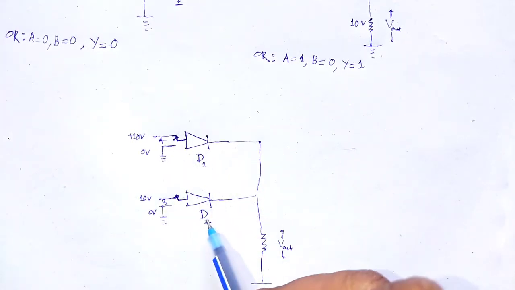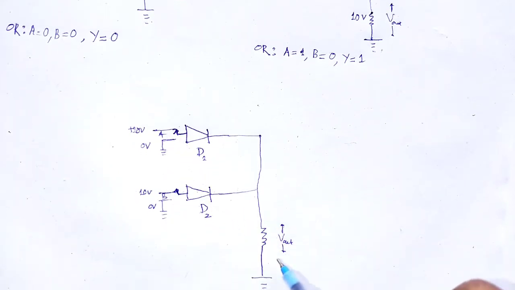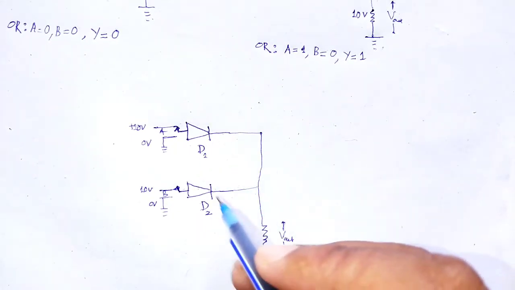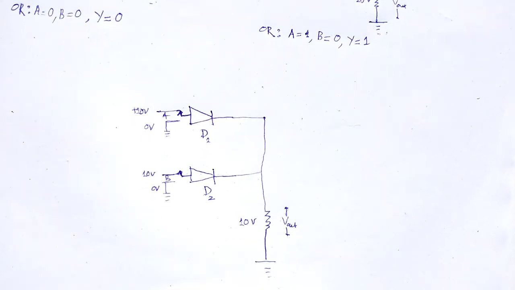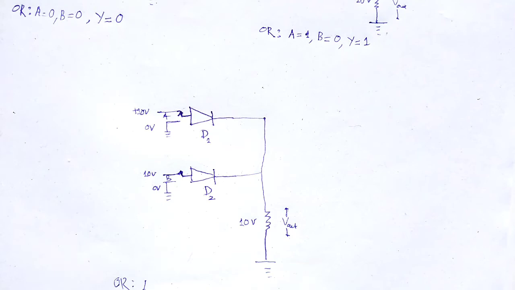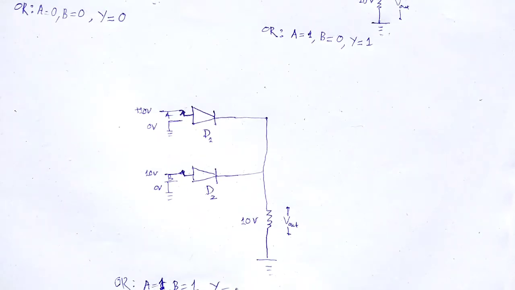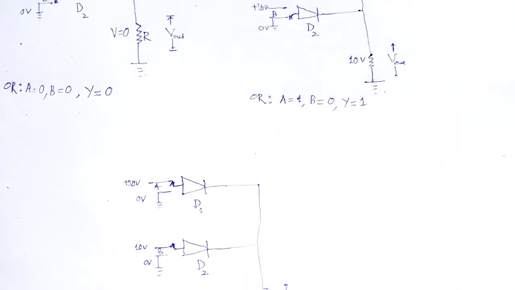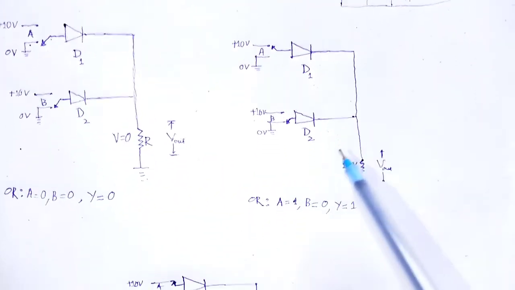D1 is forward biased, D2 is forward biased, this is condition 1. So, the potential drop across V output must be 10 volt. The entire circuit is closed. Therefore, for the OR gate, when A is equal to 1 on, B is equal to 1 on, then Y is also 1. In this way, we express the OR gate in terms of diodes.